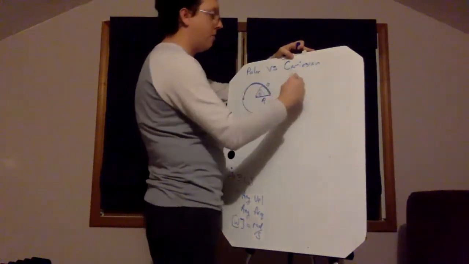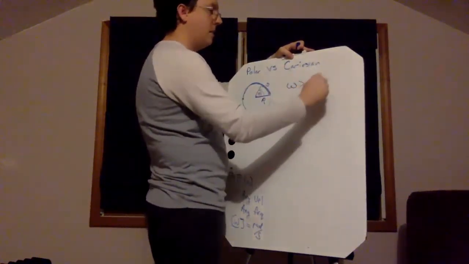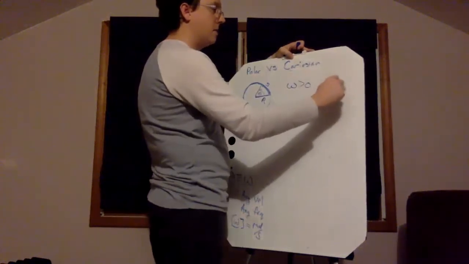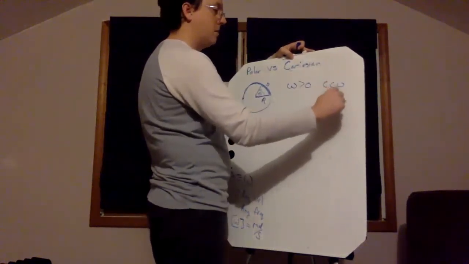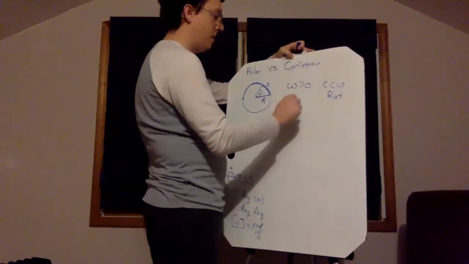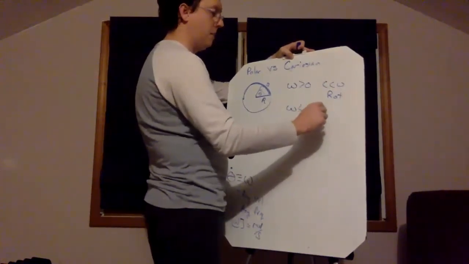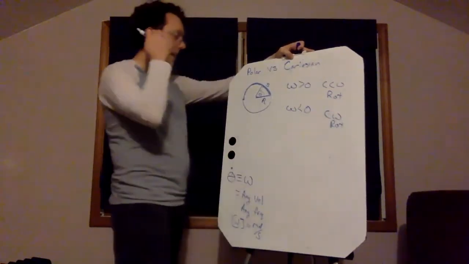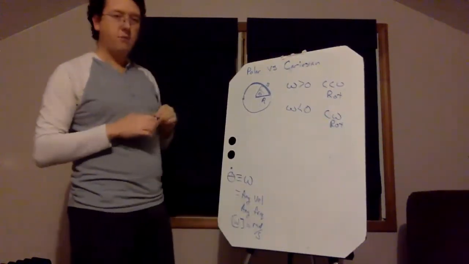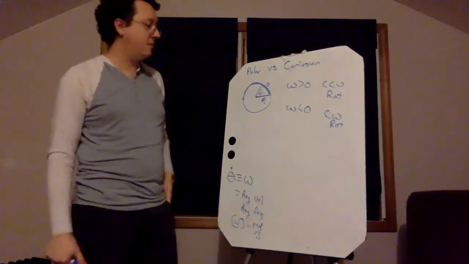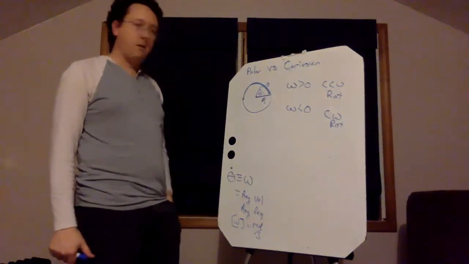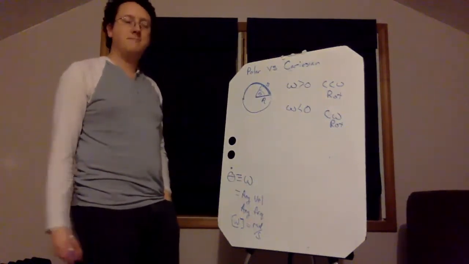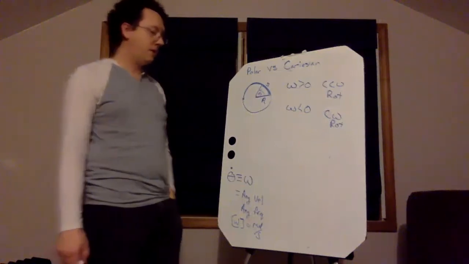So omega greater than 0 means counterclockwise rotation. Omega less than 0 means clockwise rotations. And I'll be honest, I don't have tons and tons of intuition about it, other than a few standard cases.